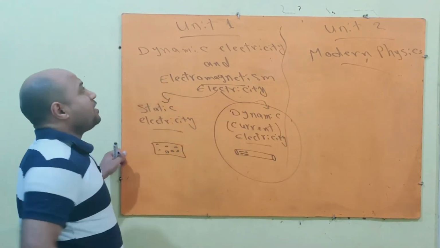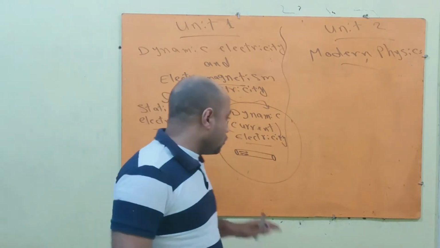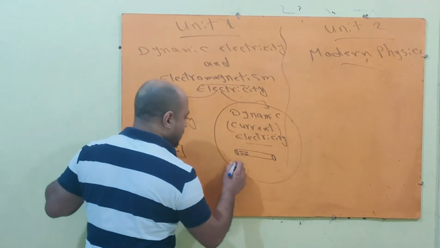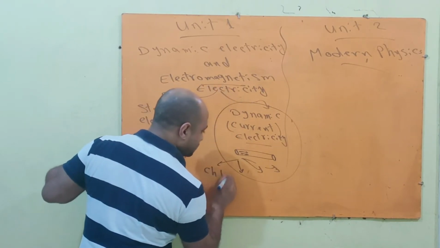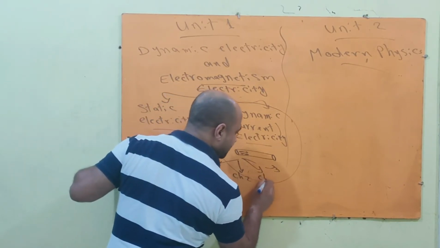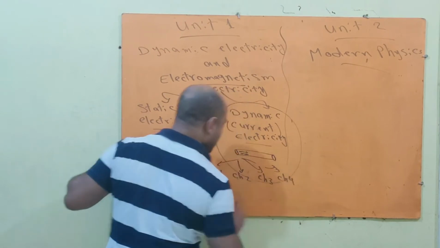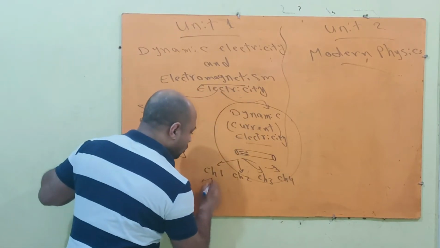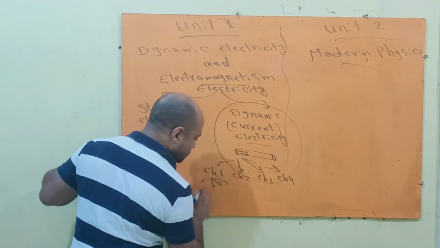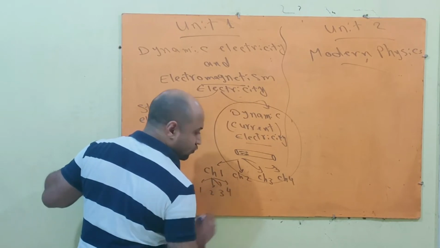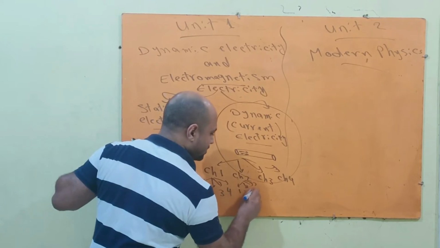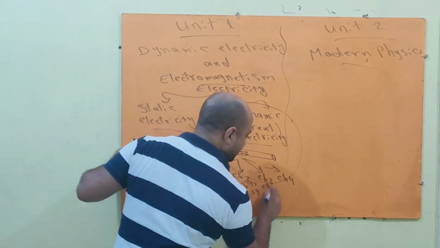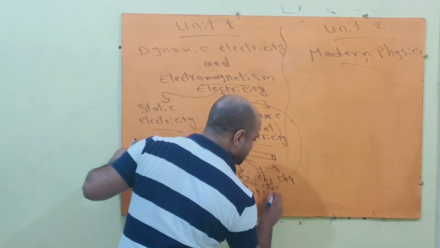Okay, Unit 1 includes four chapters: Chapter 1, Chapter 2, Chapter 3, and Chapter 4. Chapter 1 includes 4 lessons. Chapter 2, 4 lessons. Chapter 3, 4 lessons.